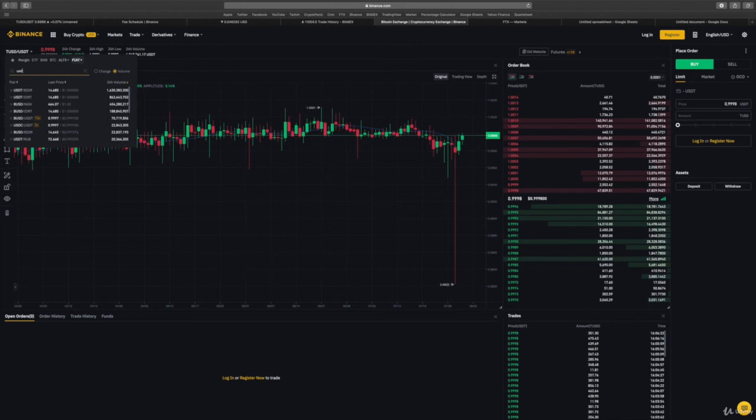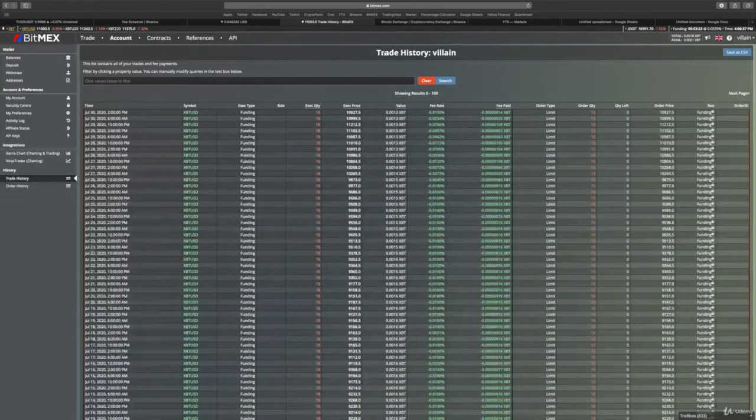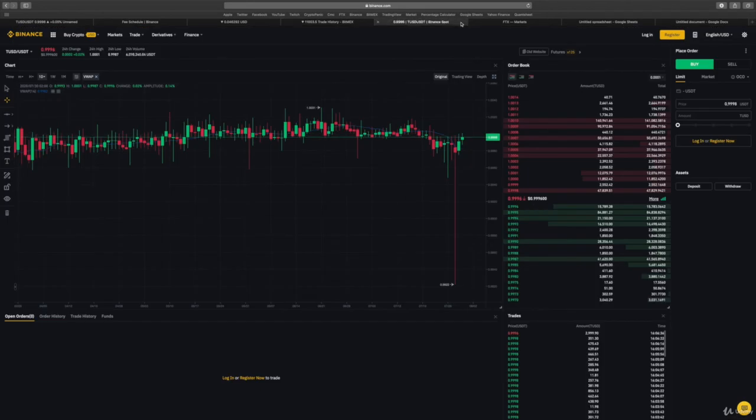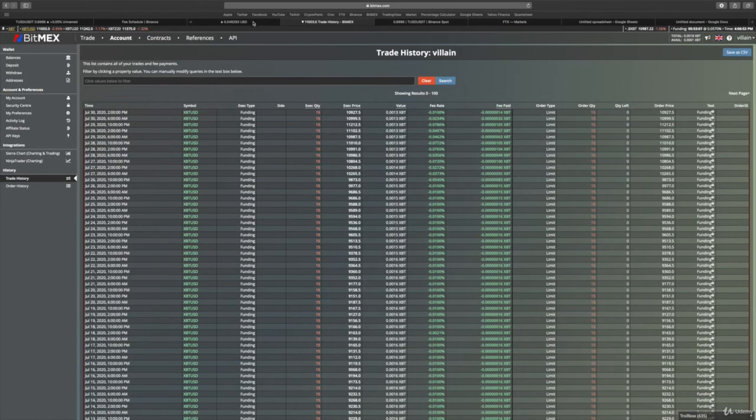We have Bitfinex money lending, we have funding on BitMEX, and you can actively trade, enter, exit, enter, exit, and so on. You get the point on Binance. You can combine it with BitMEX or Bitfinex.